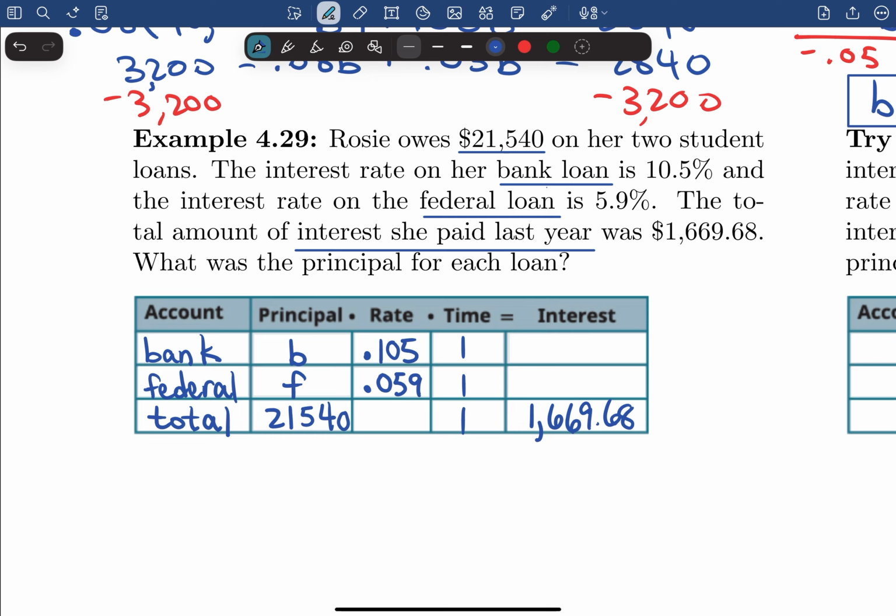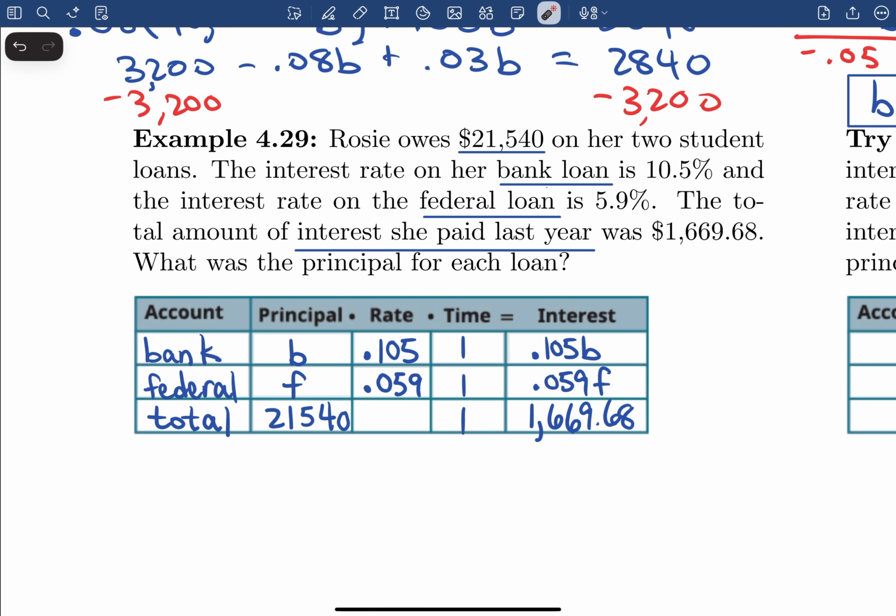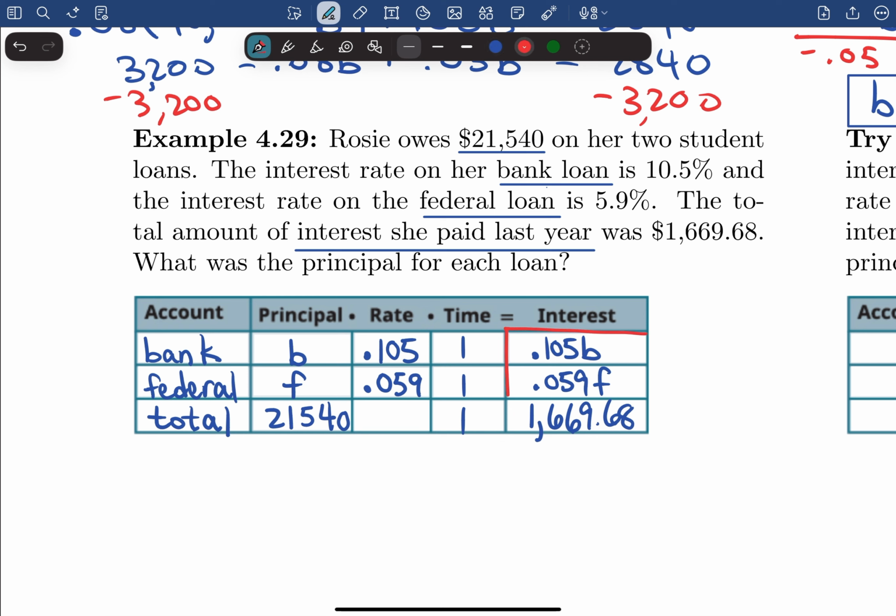Cool. So now I can multiply this times this times this to get the interest, right? And I'll create an expression. So this would be 0.105 times B, and this would be 0.059 times F. And I've got one equation for sure, right? This equation right here, I can add the pieces together and set them equal to the grand total.